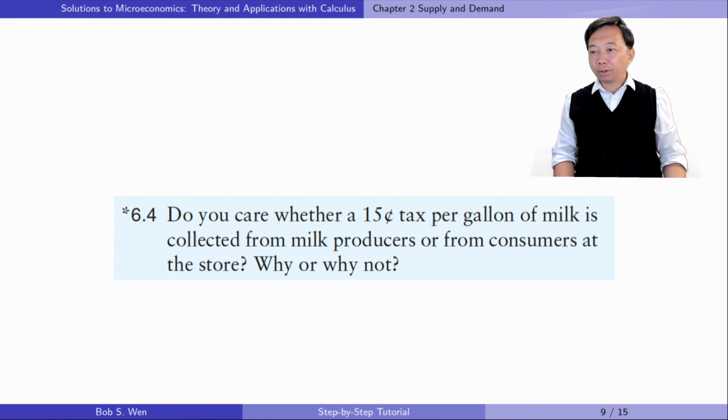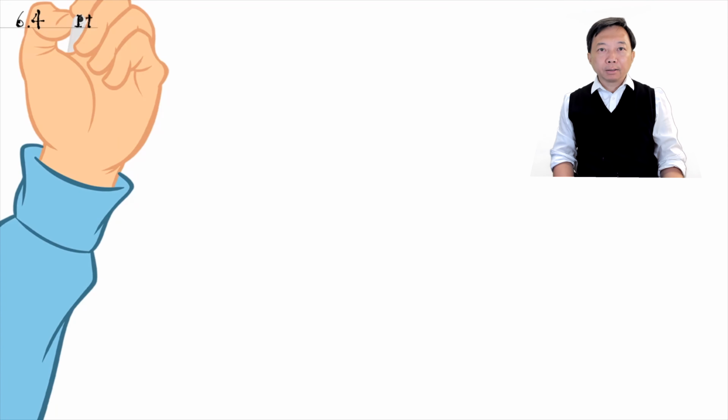Let's find answers to exercise 6.4. Do you care whether a 15-cent tax per gallon of milk is collected from milk producers or from consumers at the store? Why or why not? I don't care.